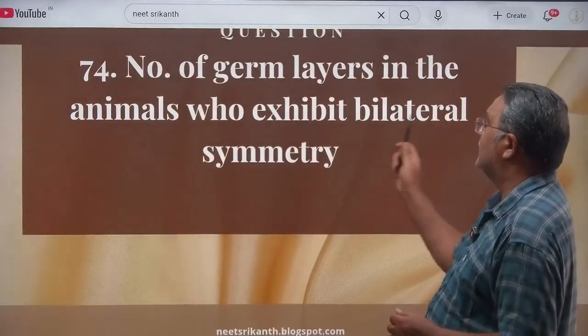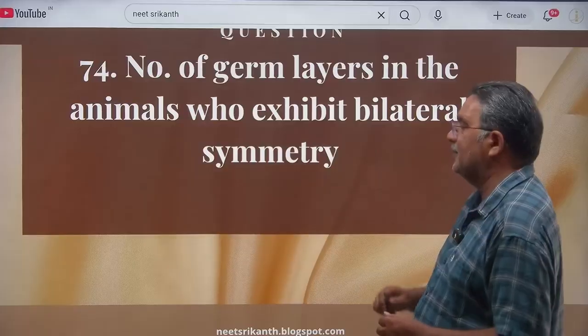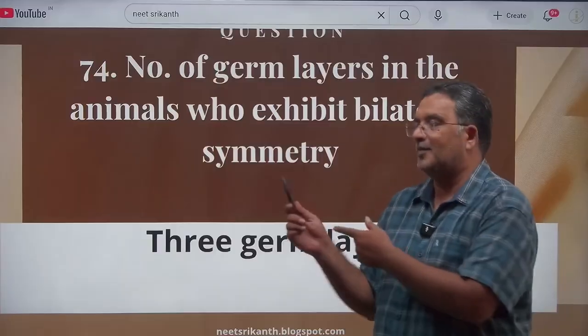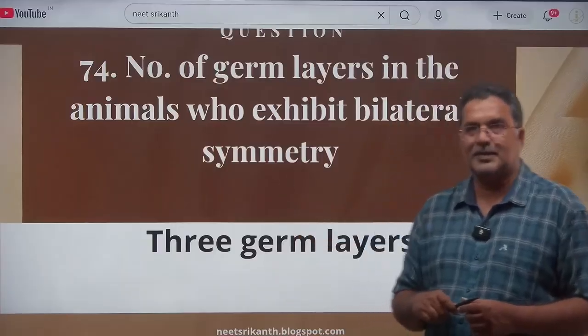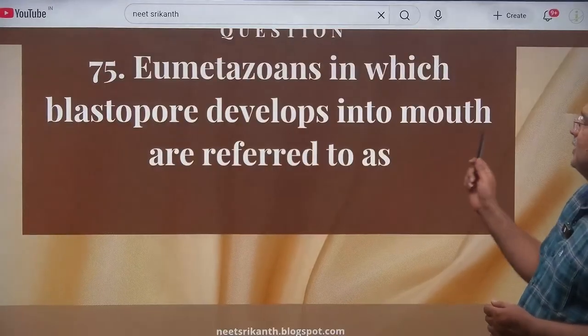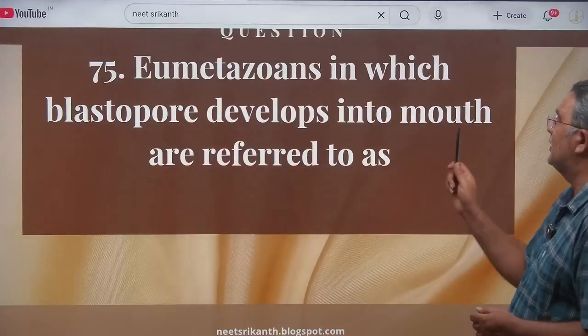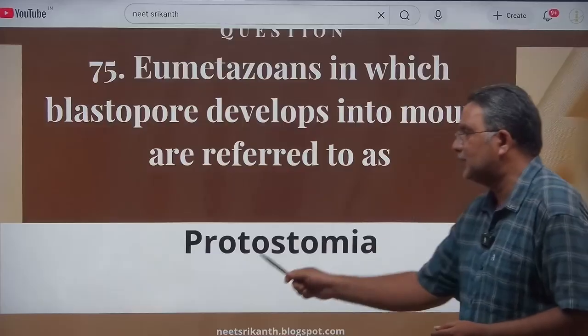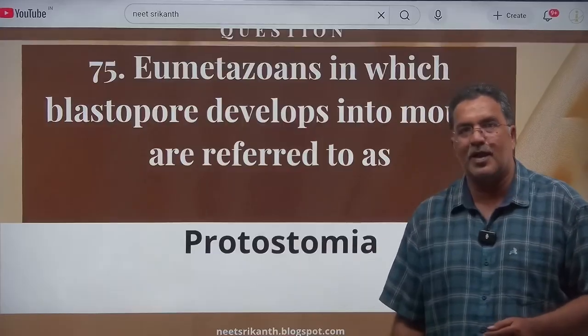Number of germ layers in animals that exhibit bilateral symmetry: Bilateria is also called Triploblastica, that means 3 germ layers. Eumetazoans in which blastopore develops into mouth are referred to as Protostomia. Proto means first, stoma means mouth.